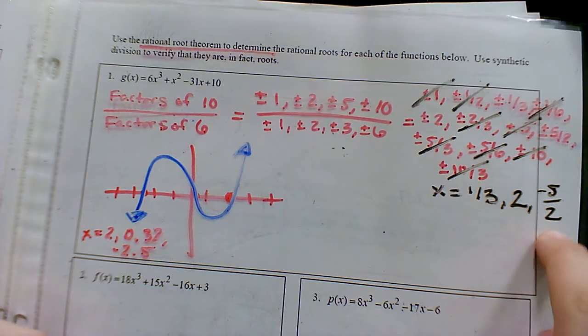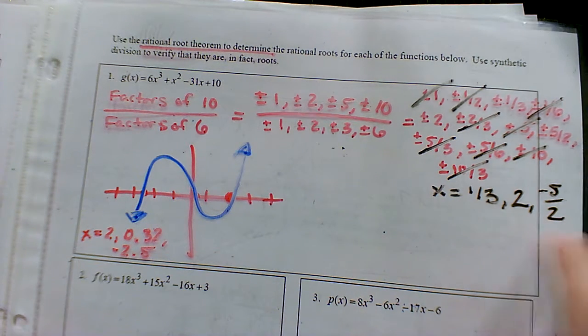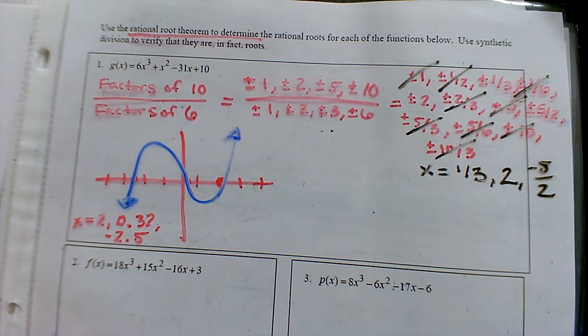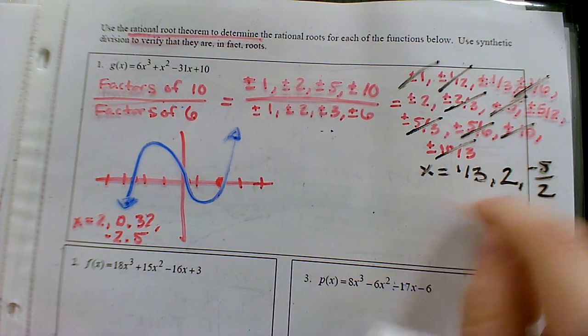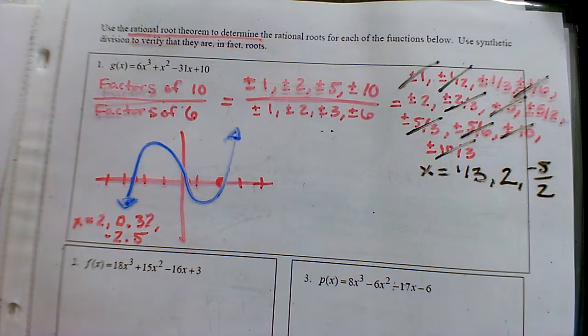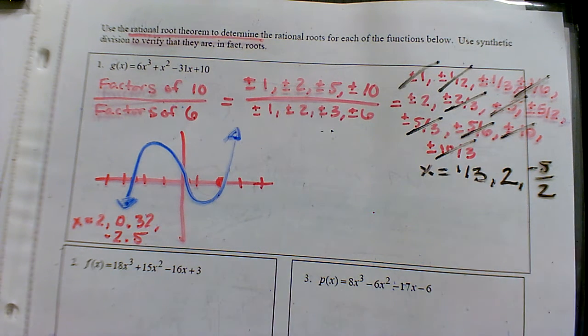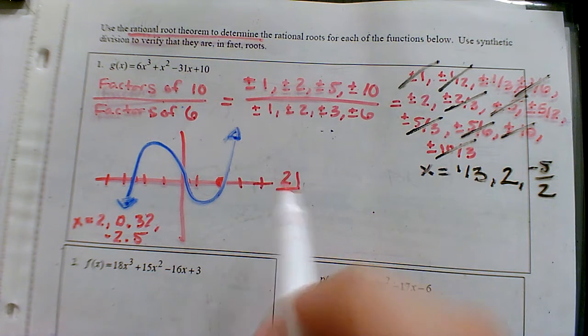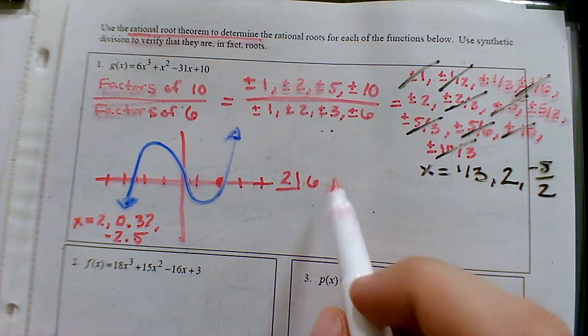Okay, so if these are the ones based off the possibilities from the graph that we analyzed, let's go ahead and verify that these are actually the ones based off of the equation. So to verify, we're going to use our synthetic division. Maybe we'll start off with 2. Nice easy whole number to work with.